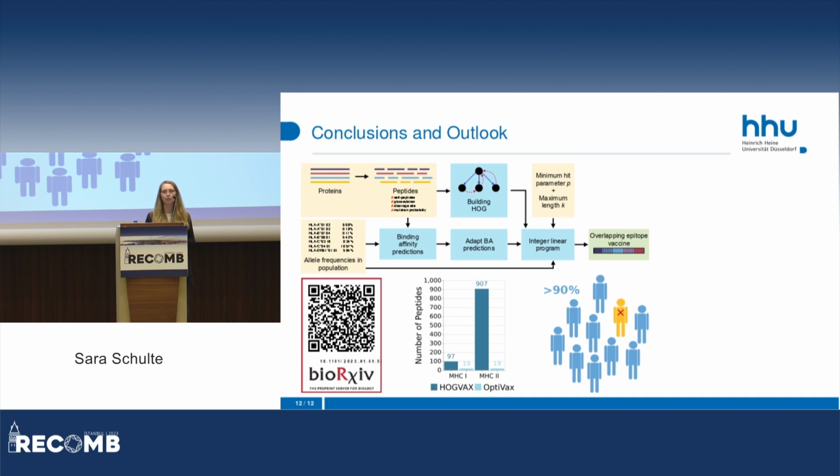We computed a vaccine formulation with HOGVAX, and they designed a plasmid vaccine with it. And then we will see if the overlapping epitope vaccine is cut correctly, or if our approach will fail due to unpredictable proteasomal cleavage processing.